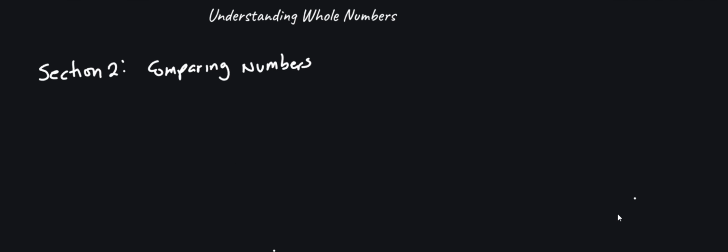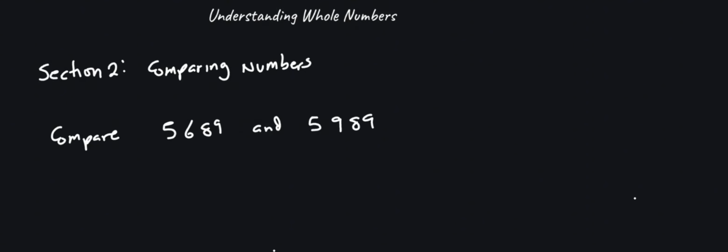Another example is compare 5689 and 5989. So here we can see that the thousands are the same. If we start from the beginning, we have ones, tens, hundreds, and thousands.